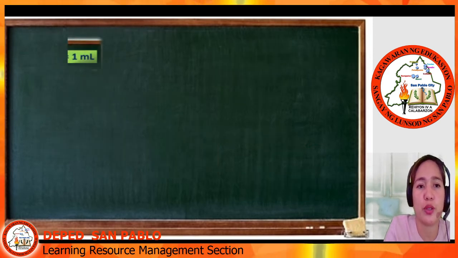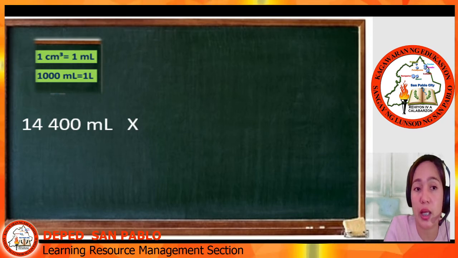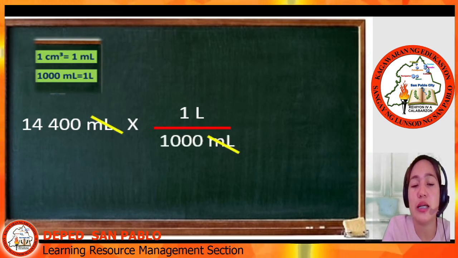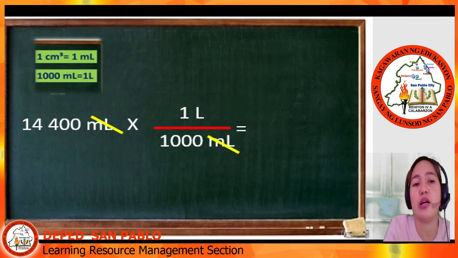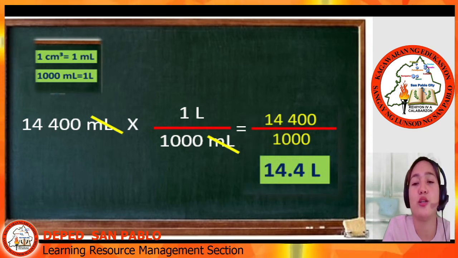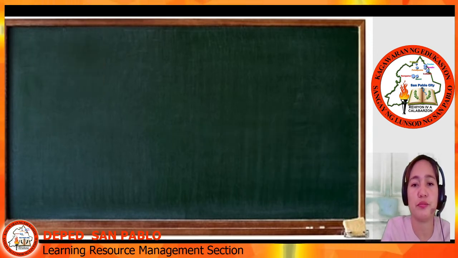We're going to compute it again to show you. 14,400 milliliters times the conversion of liters to milliliters. We have 1 liter is equivalent to 1,000 milliliters. Let us cancel the same units. So we have 14,400 times 1, which is still 14,400, divided by 1,000. So 14,400 divided by 1,000 is 14.4 liters.